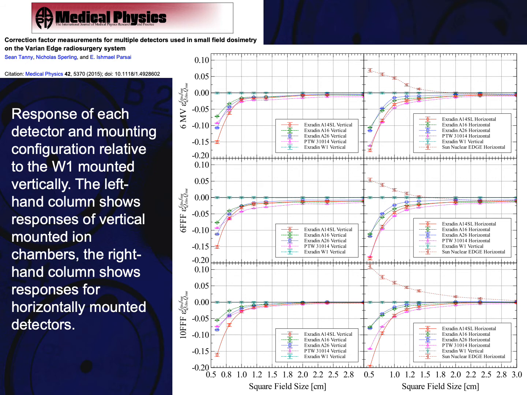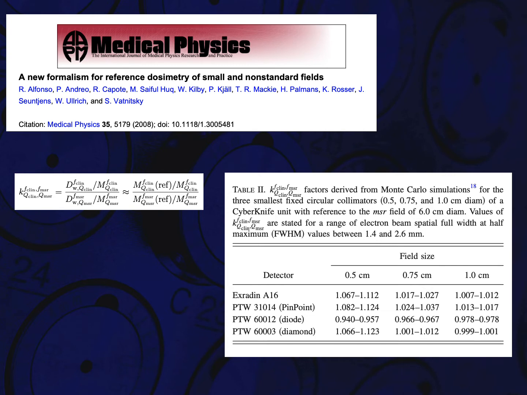You can see the difference in response as the field size gets smaller and smaller, and this has all now been documented. And at a similar time, a paper by Alfonso et al. proposed a new formalism for reference dosimetry, and proposed that different detectors could be assigned different correction factors to take into account their inadequacies in measuring the correct collimator factor for a given field size.